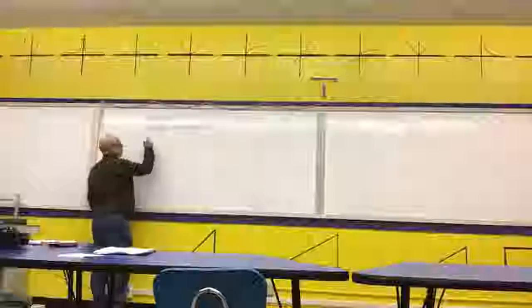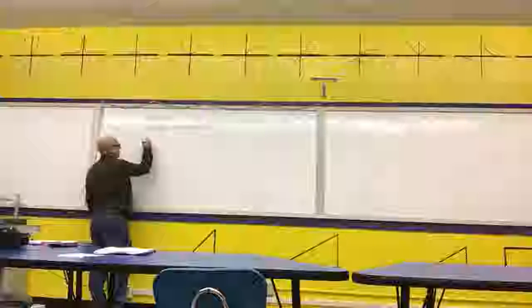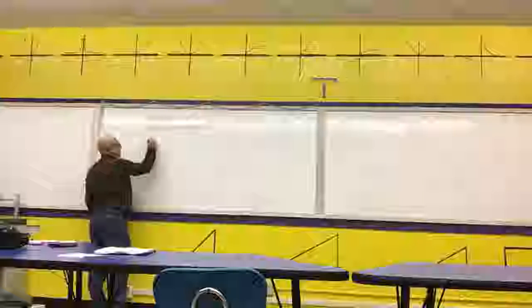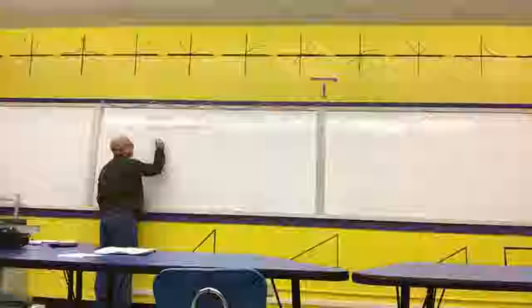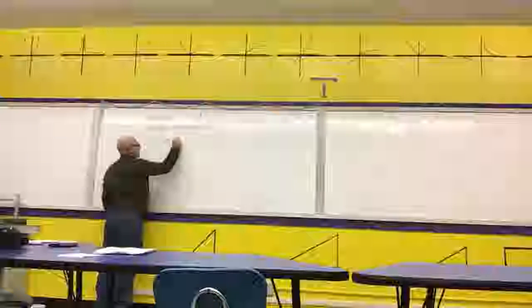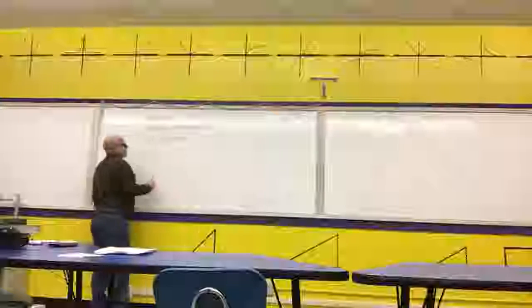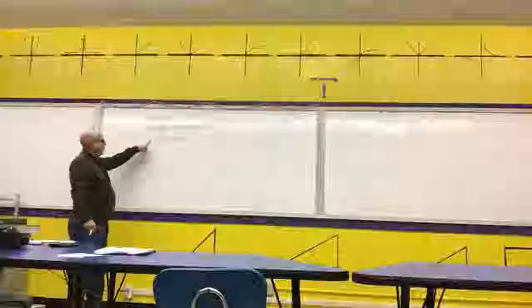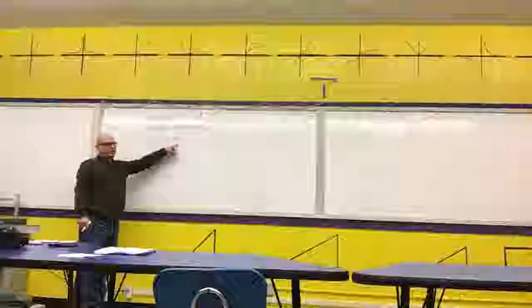The same thing would work if I had a minus sign. So x squared is a perfect square, 9 is a perfect square, so I'm going to try the perfect square pattern.